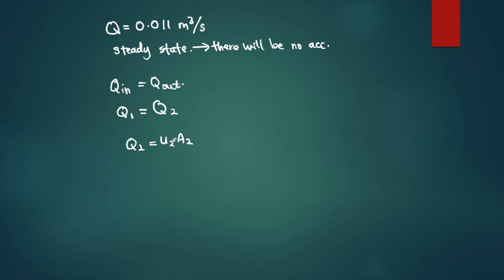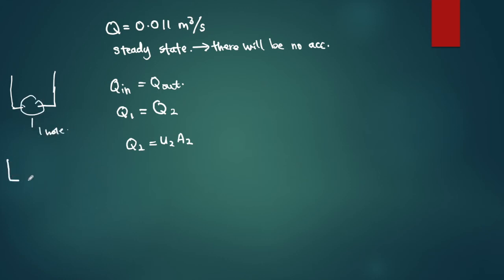Now take a look at this. If we are considering only A2, only one hole, that means this velocity represents one hole. For example, if you calculate this, you are only considering one hole.